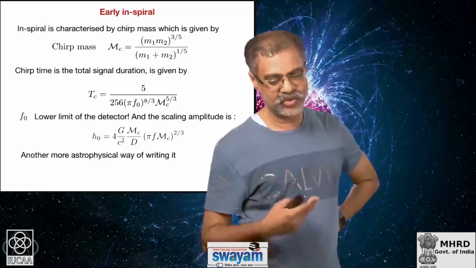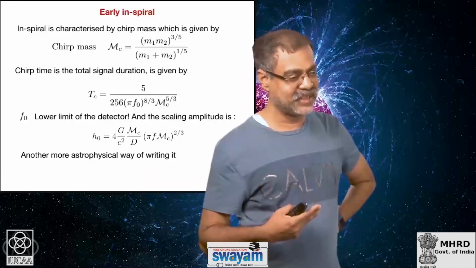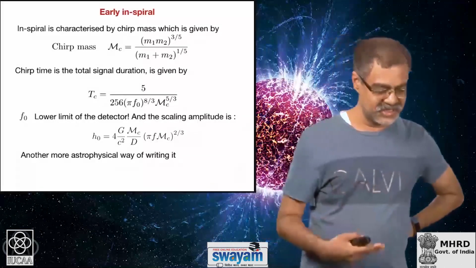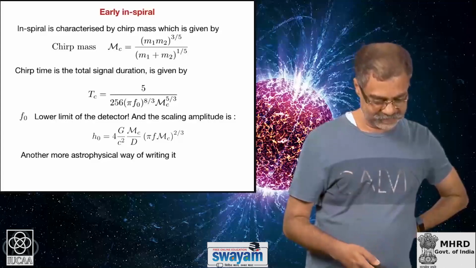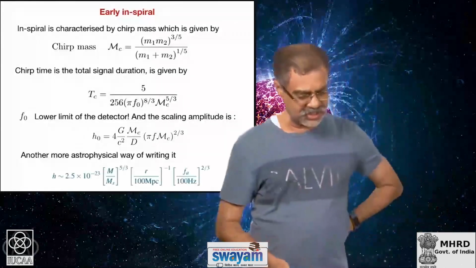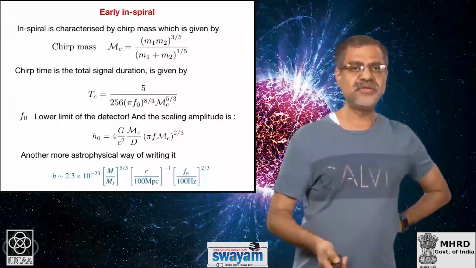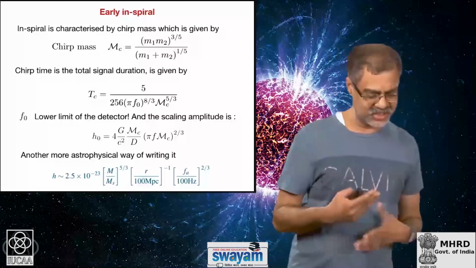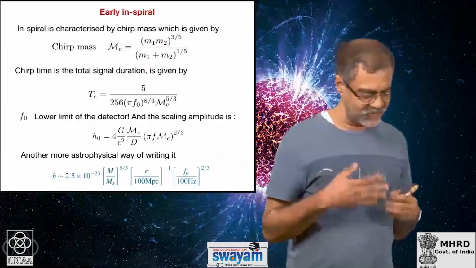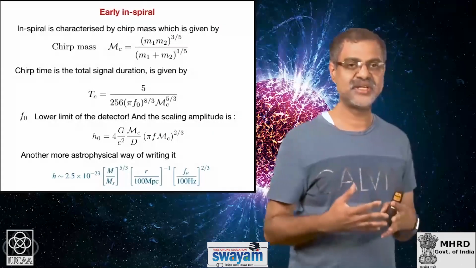Essentially, you assume the velocity of light is still much larger compared to the speed of these things. So, the early inspiral amplitude can be written in terms of their chirp masses and distance to them, with an overall factor of 10 to the power minus 23.